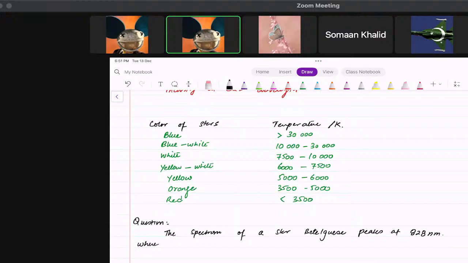Whereas the surface temperature of Betelgeuse is 3500 kelvins.